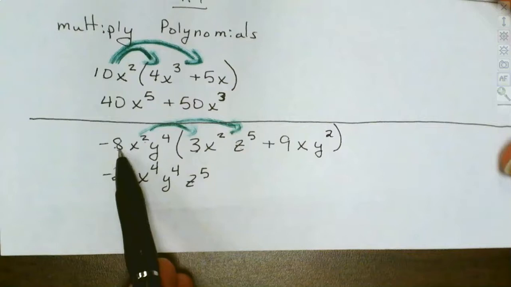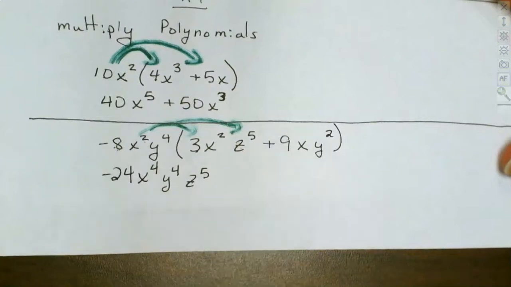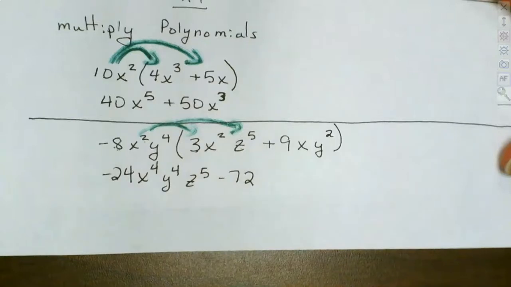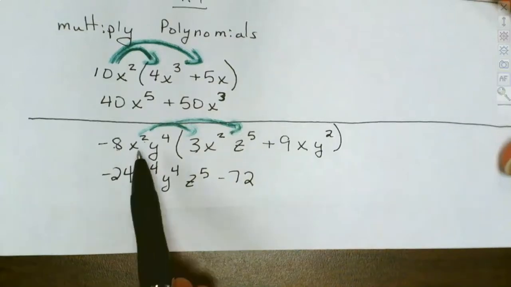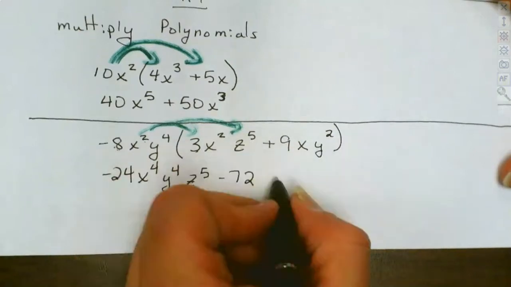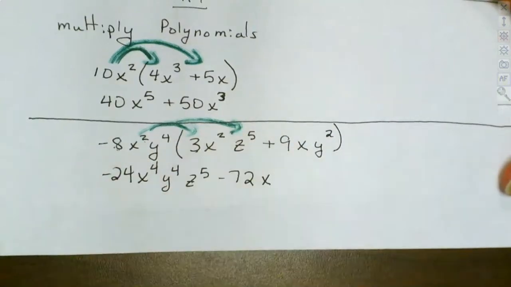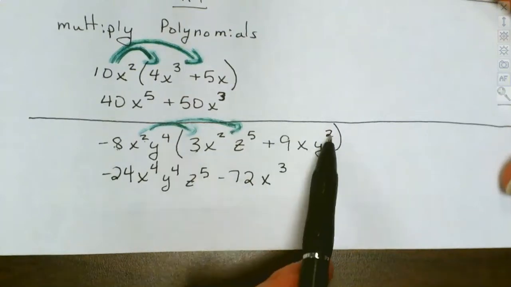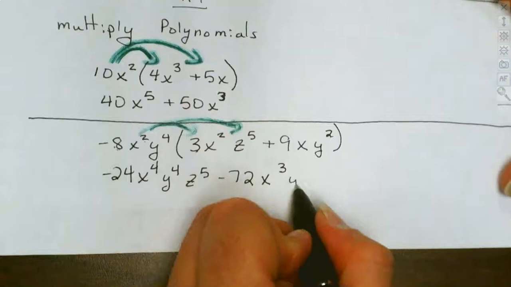Next, negative 8 times 9. Negative 8 times 9, that's a minus 72. How many x's do we have? We have 2, and 1 more makes it x to the 3rd power. And then what about the y's? How many of those do we have? 4, and 2 more make it y to the what?